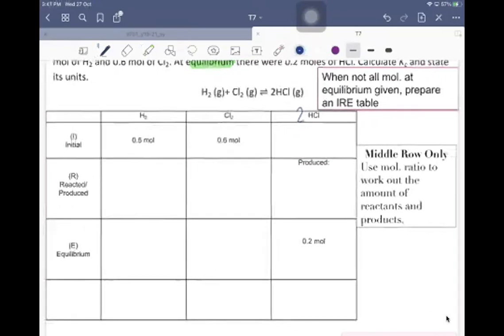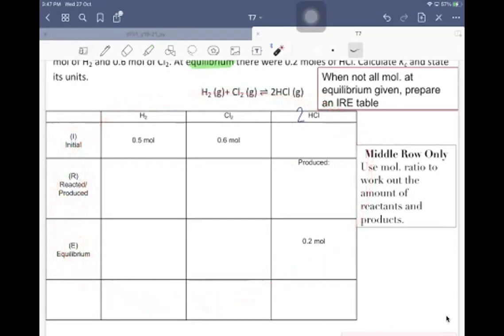I would tabulate each reactant and each product according to its initial number of moles or initial value, how much have reacted for the reactants, and how much have been produced for the products. And lastly, you can find out the values at equilibrium, right? Initial, reacted, equilibrium, and I call this the IRE table.